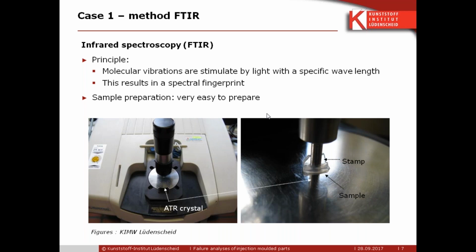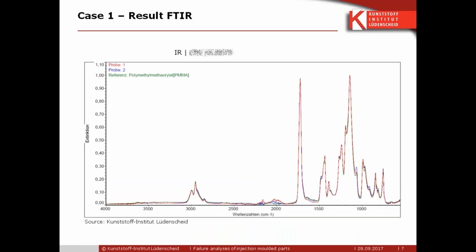We are a private sector service provider supported by an association of nearly 300 companies. We have 8 technology departments. One is the testing and analysis technology, where we have the material and failure analysis.